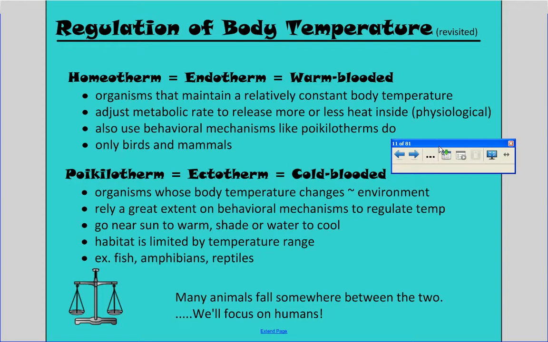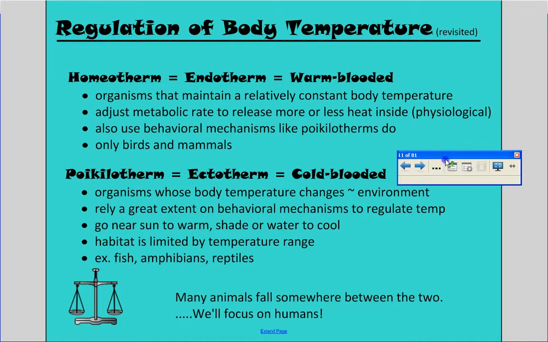So in other words, they turn on reactions that release heat in order to bring their temperature back up, that sort of thing. We can also use behavioral mechanisms like grabbing a sweater, that sort of thing, but we're able to maintain fairly constant body temperature from within. So that's us mammals and also birds.